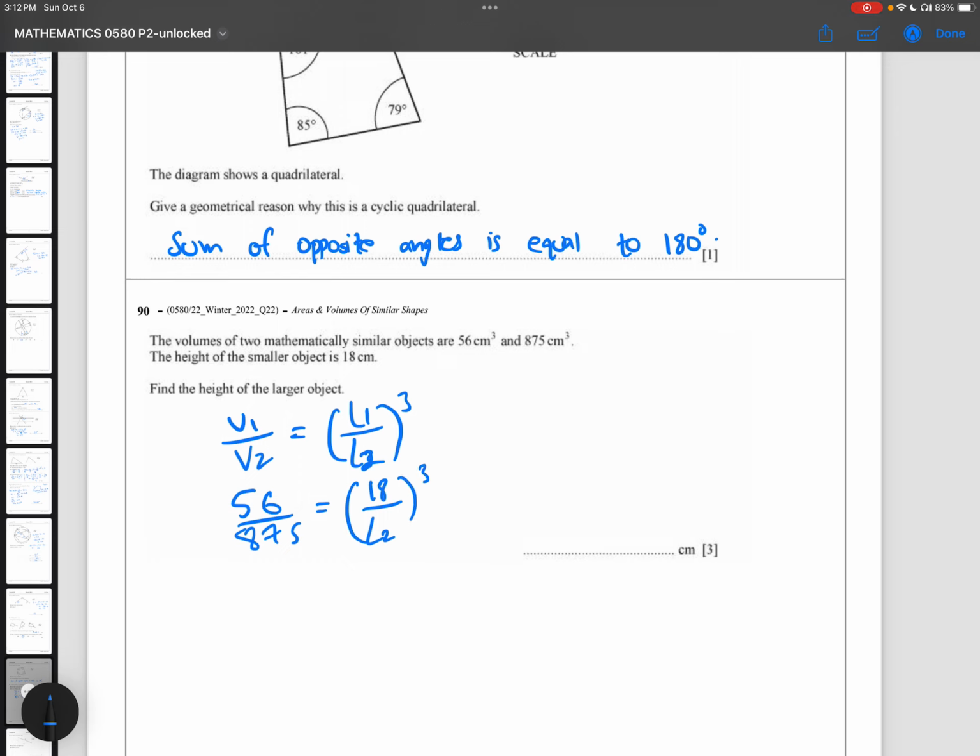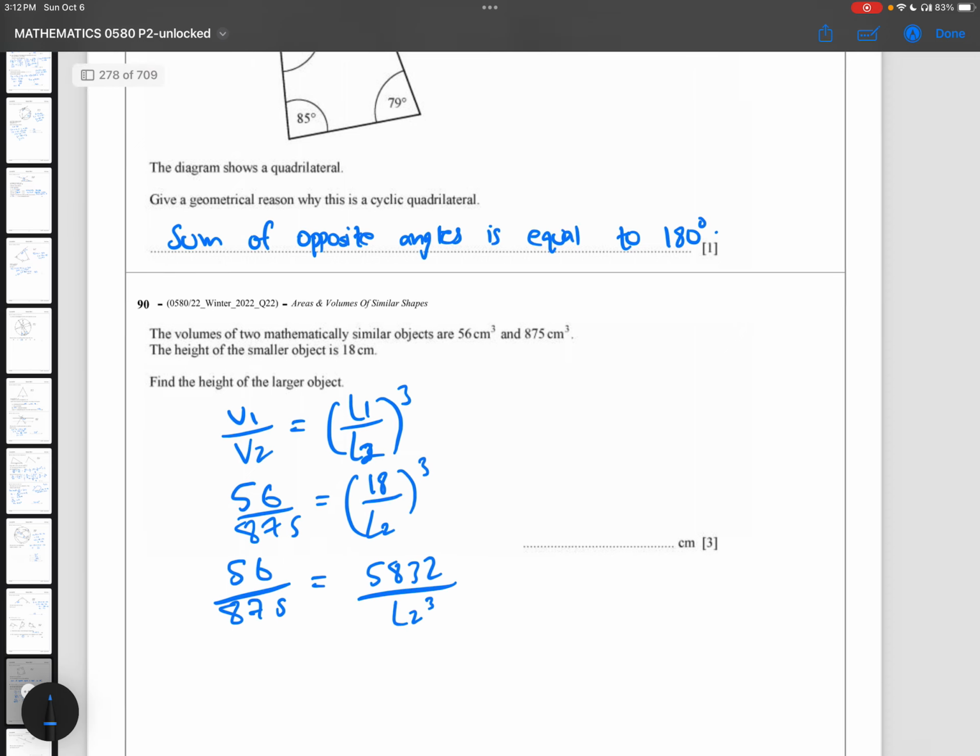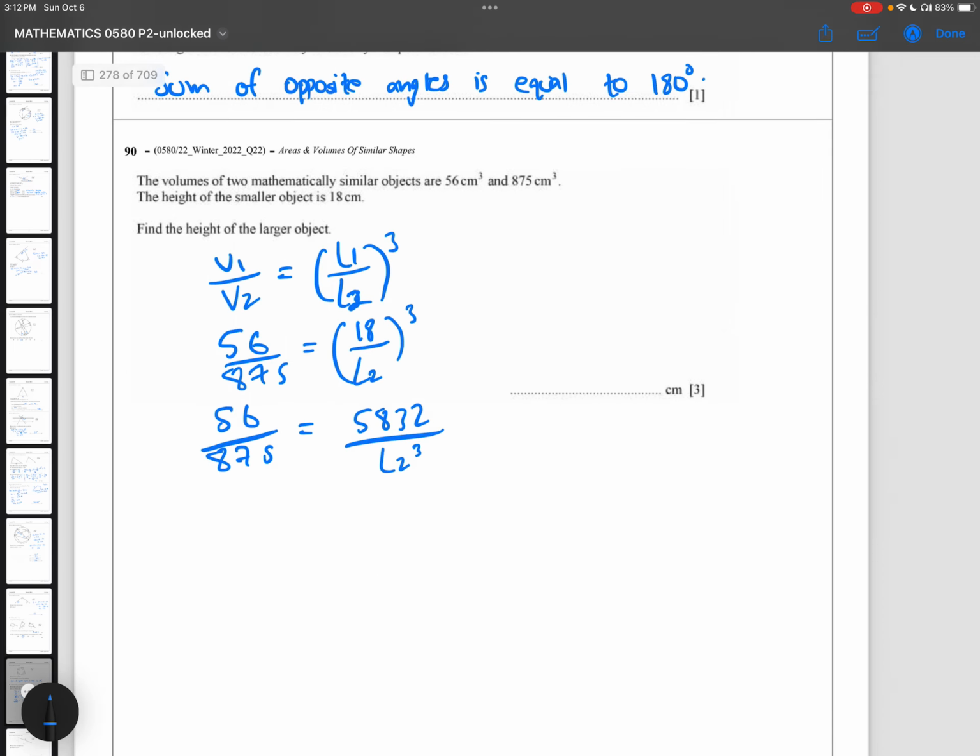So now 56 upon 875 is equal to the cube of 18, which is 5832, upon L2 cube. Now I will be shifting some terms. I will move L2 cube to the left side of the equation.